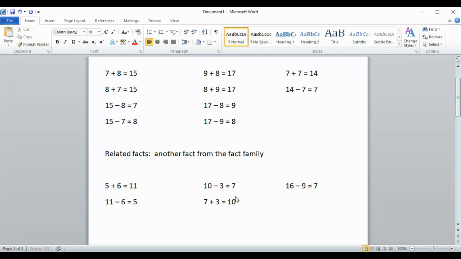So when we look at this next one, if it asks for a related fact, you're going to write another fact that has these 3 numbers in it. Think about what you're going to write down and say it out loud. And maybe you said 9 plus 7 equals 16. Or maybe you said 7 plus 9 equals 16. Or maybe you said 16 minus 7 equals 9. Those would all be related facts.